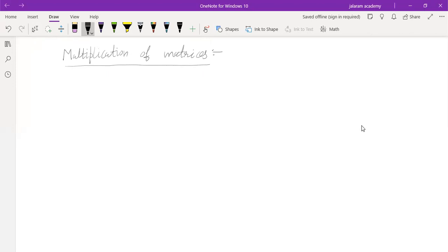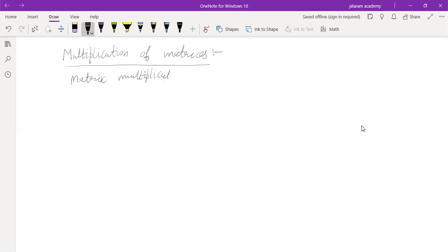It is compatible, which means it can be done only when the number of columns in the first matrix is equal to the number of rows in the second matrix. Why? This we will discuss in this session. So this is the rule of matrix multiplication. Write this rule in your notebook.